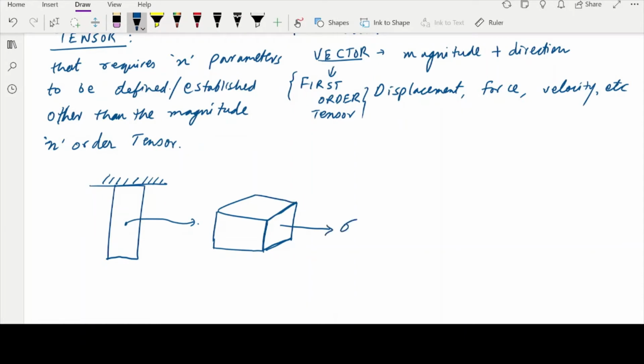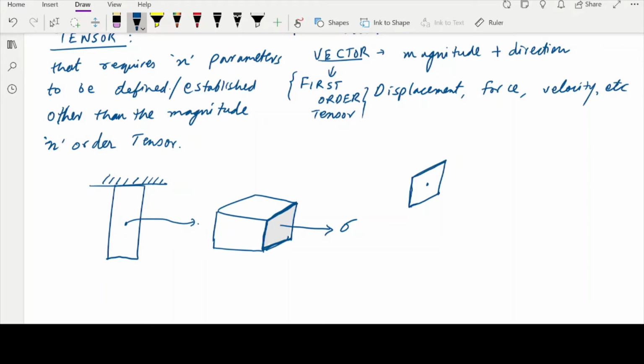Here sigma. Now sigma is acting on this plane, right? Let me shade it, this plane here. Now what characterizes a plane? A plane is characterized by the normal, right? A plane is defined by its normal.